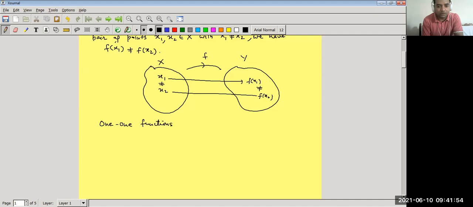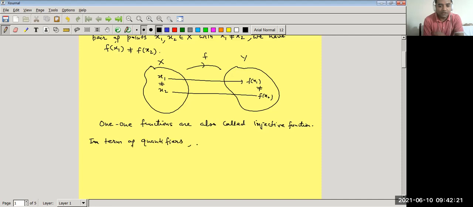are also called injective function. So in terms of quantifier, it can be written as follows.